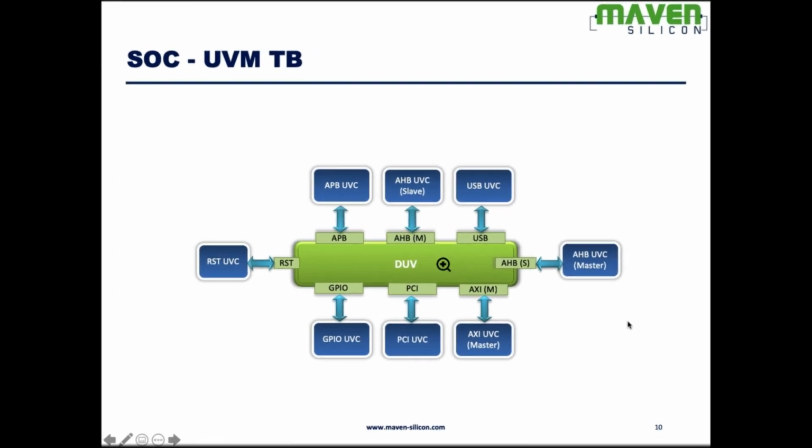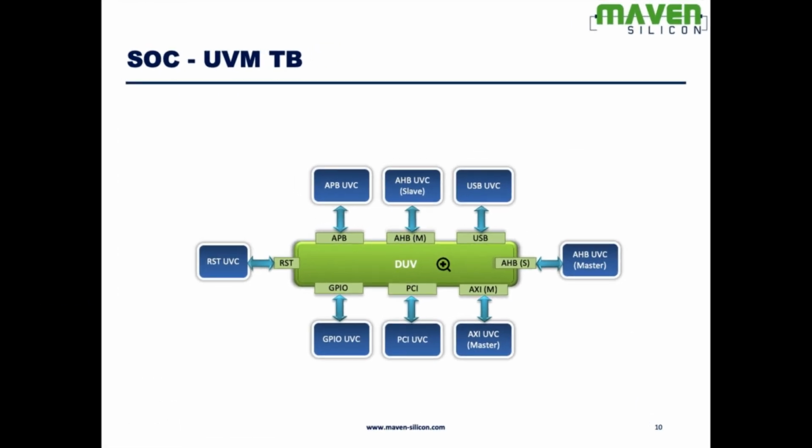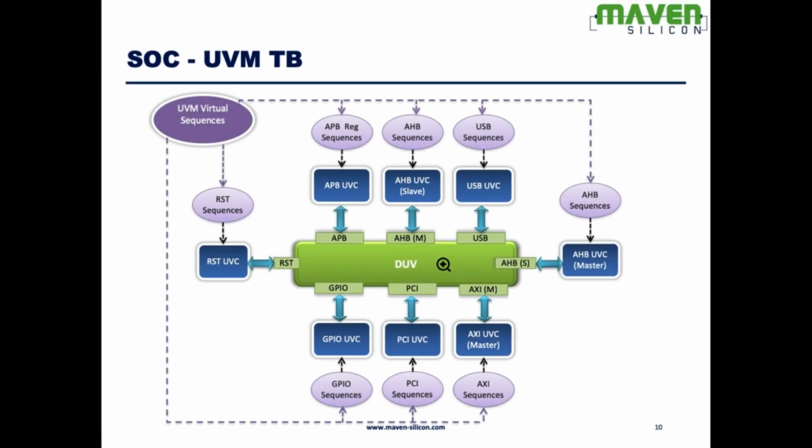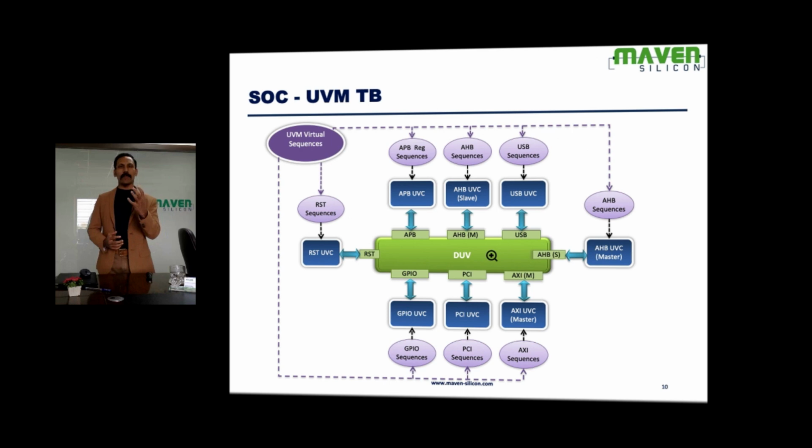And the beauty is every UVC comes along with its own sequence library. That's the huge advantage of UVM. When you buy UVC, it is nothing but verification IP. When you buy UVC from a particular IP vendor, the IP vendor will also provide the stimulus.